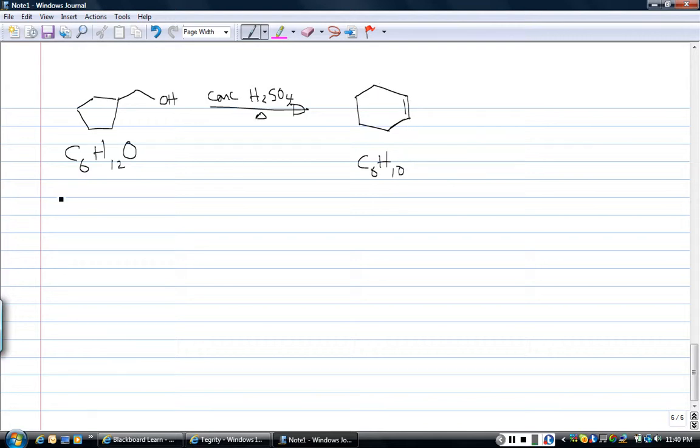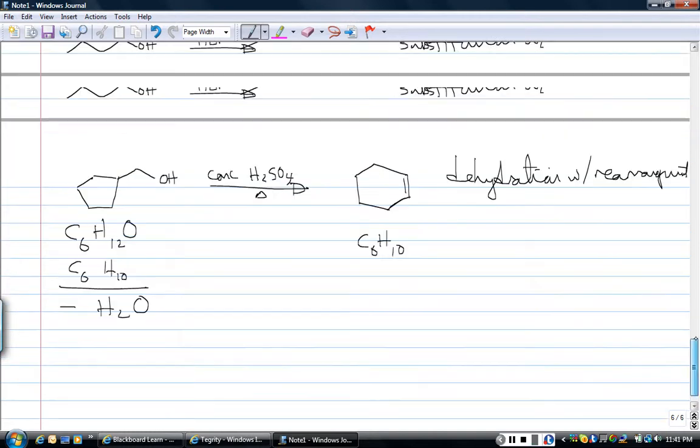So literally the difference between the two is literally H2O. Right? So clearly what has happened is the system has lost a water molecule. So this is a D, well technically it's an elimination with rearrangement, but I can be more specific and call it a dehydration. Right? Dehydration with rearrangement.